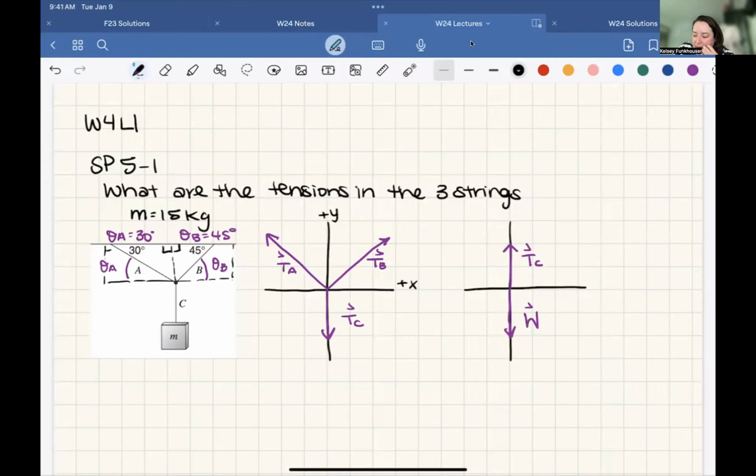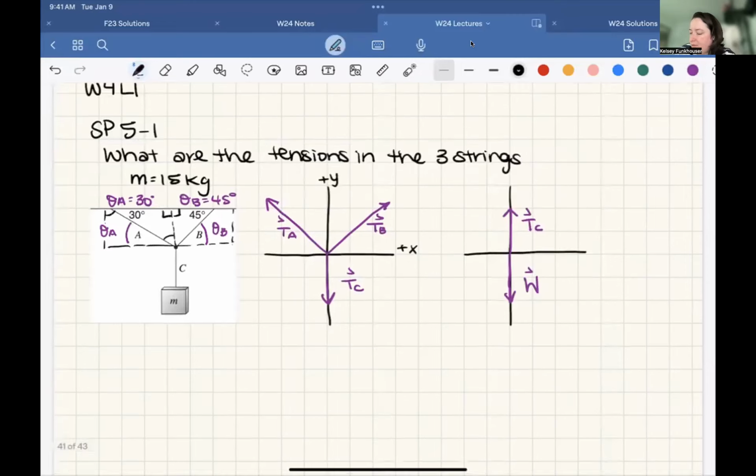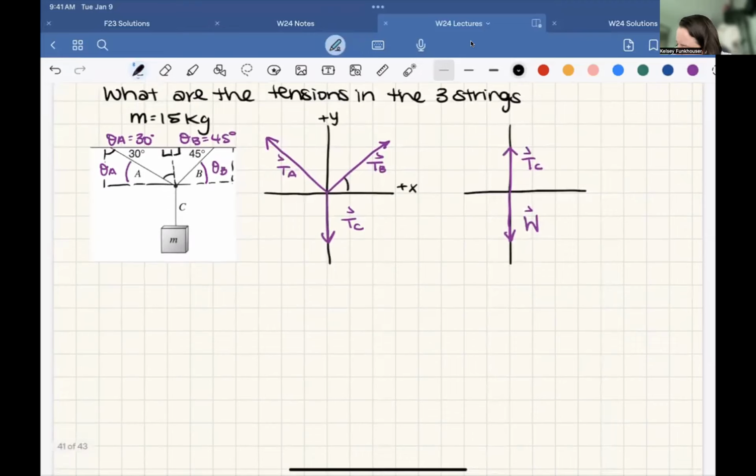And then this angle is theta A, or this 30 degrees subtracted from 90. And that also is what this angle is. So please let me know if you would like a more detailed explanation of that. But in general, that's what the angle is for those. So I'm going to put that here also.